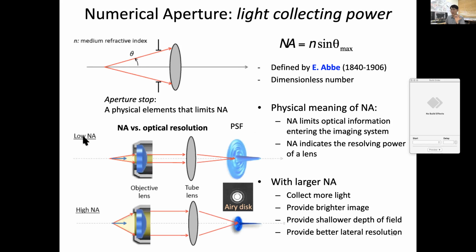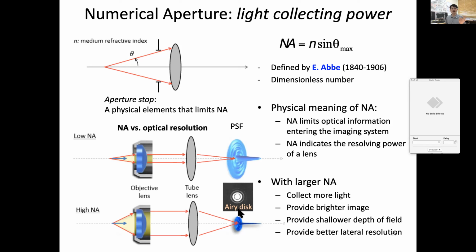So let's say there are two cases, low and high NA. Low NA will form a tiny, let's assume tiny point formed here versus here. And in fact, this is not a point anymore. I plotted this one as 3D. And if you look at it on the screen or your camera, it looks like this, like a disc with this shape.